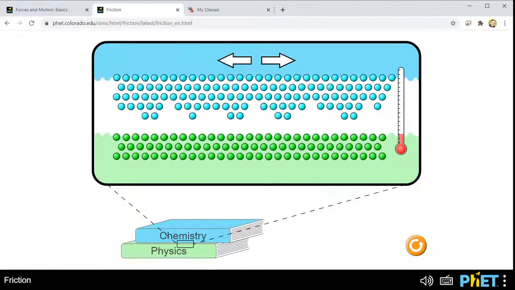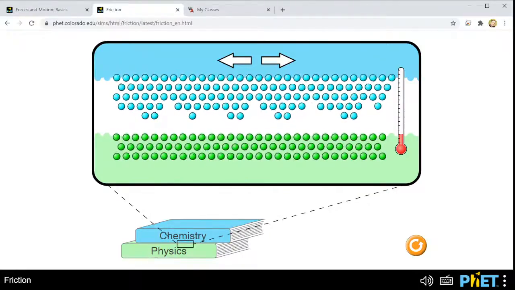And the zoomed in picture here, exaggerated to a great degree, is showing that the molecules that make up matter around us are constantly wiggling and jiggling. It's due to thermal energy, or I should say thermal energy is this microscopic wiggling and jiggling.